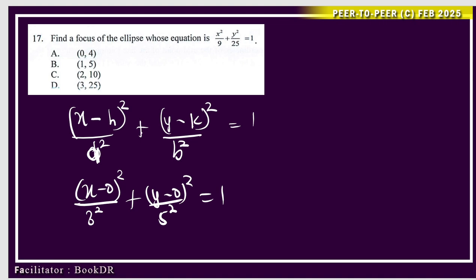So our center will be 0, 0, and the focus is 0 comma, then our h here plus c, and the c can be obtained by using the a and b. C is equal to the square root of a squared plus b squared.